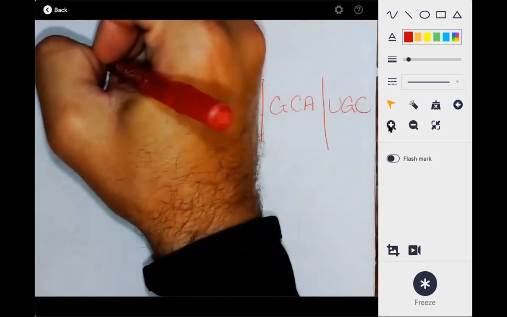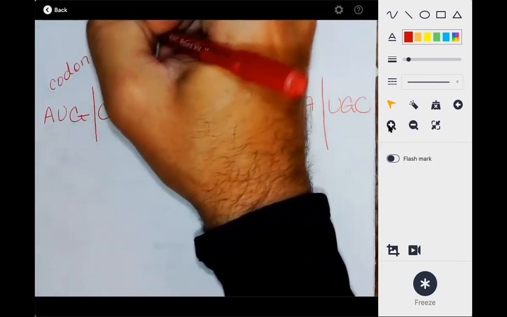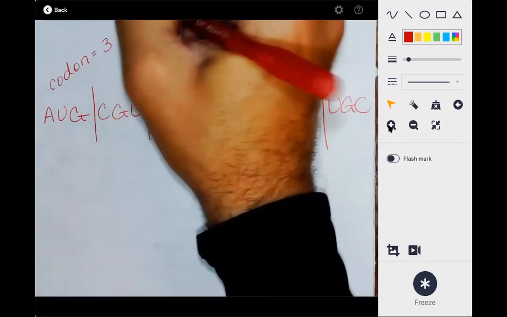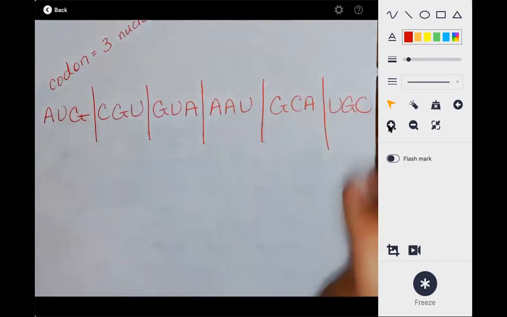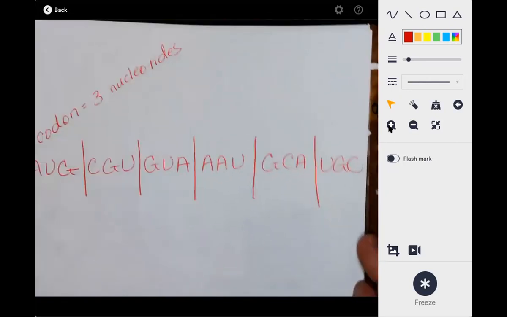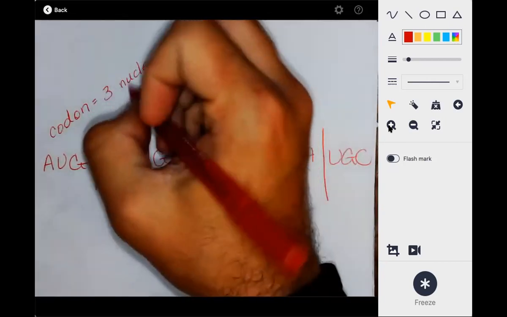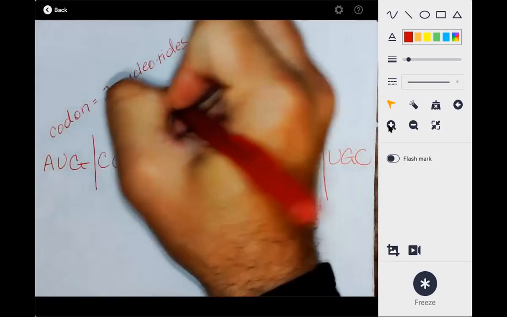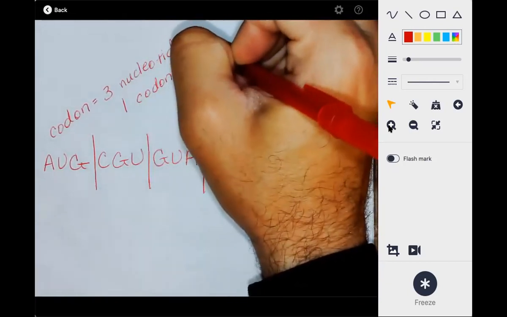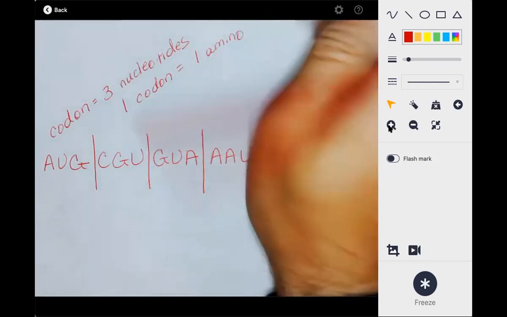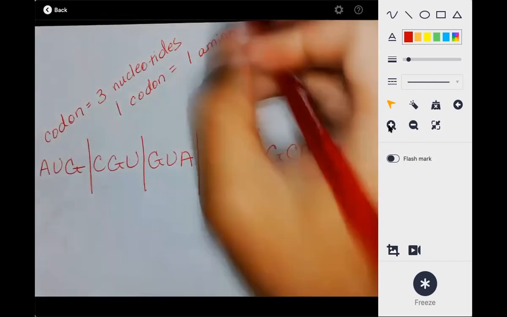And a codon is just 3 nucleotides. Now, 1 codon equals 1 amino acid.